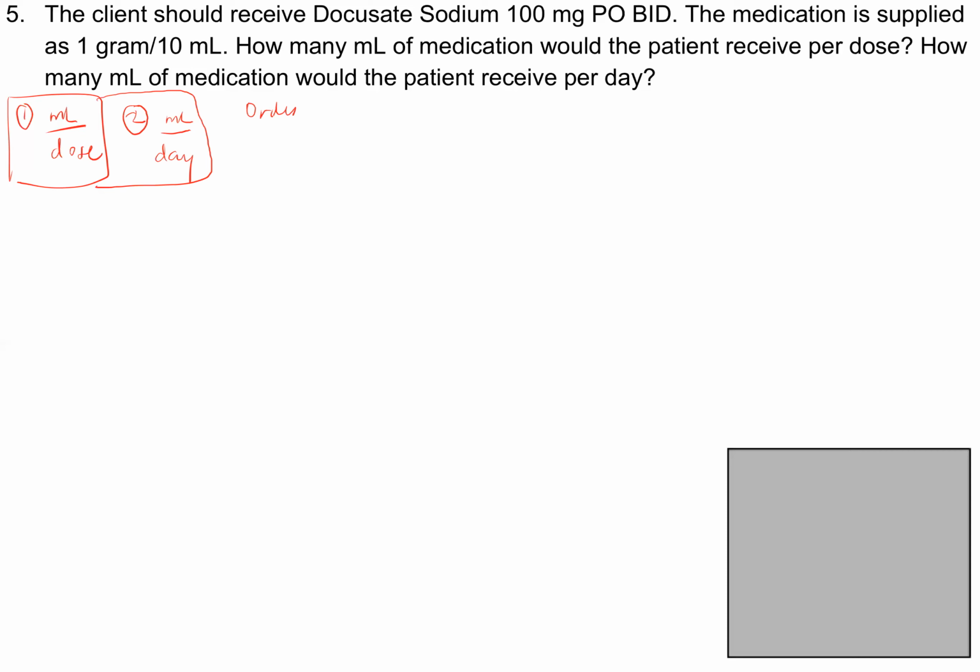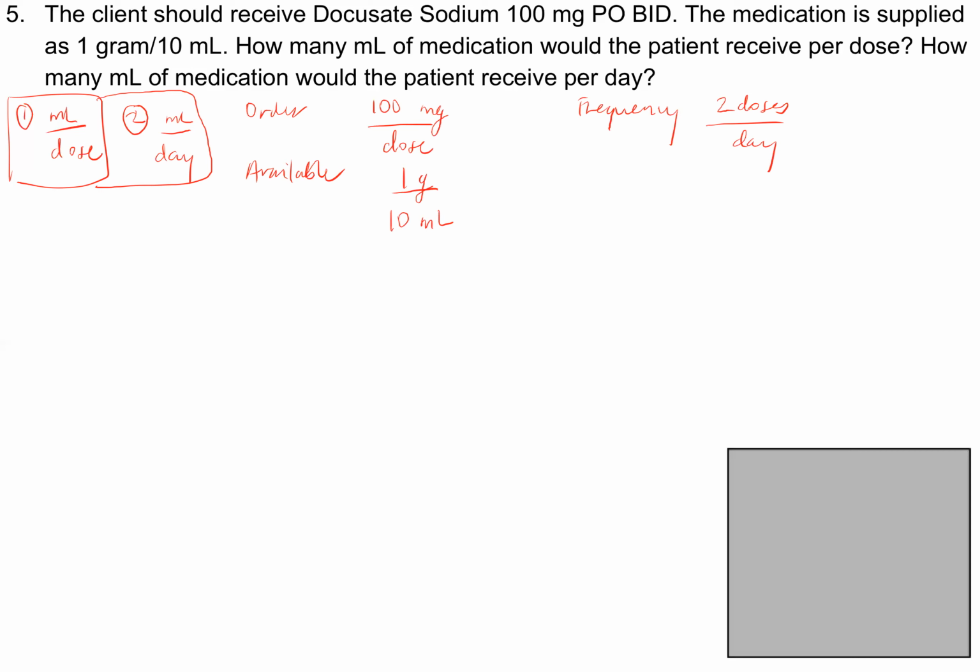Always writing down our order, what's available, and your frequency. The order is 100 milligrams per dose. Your frequency is BID, or 2 doses per day. Your availability is 1 gram per 10 mLs.